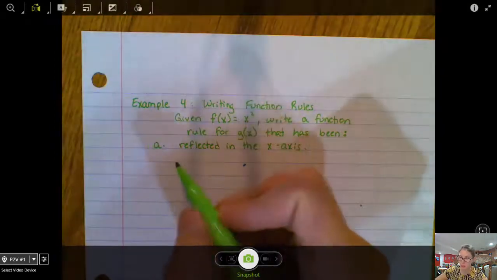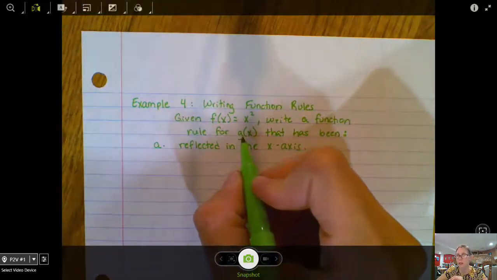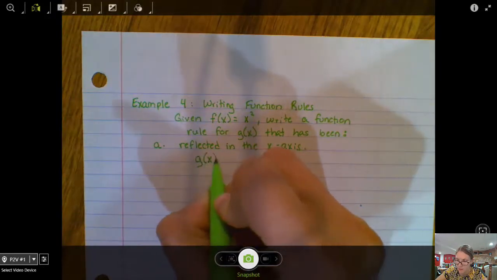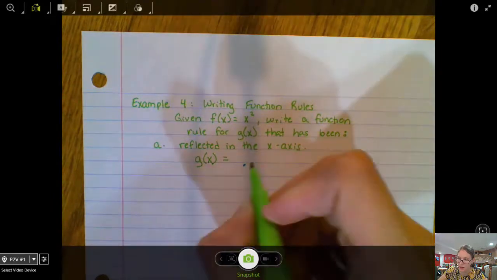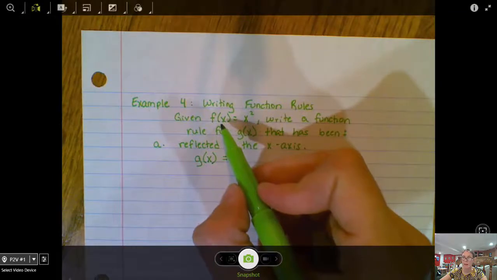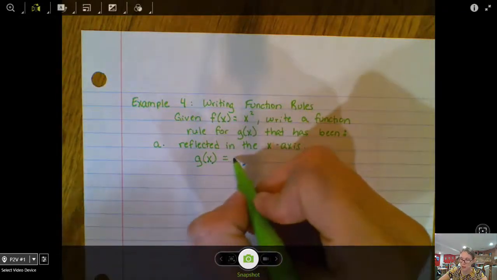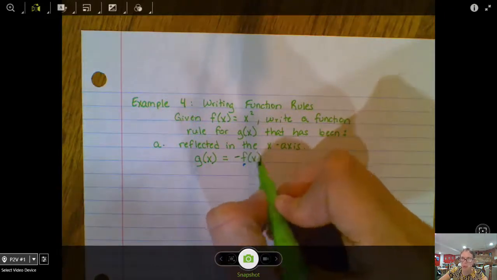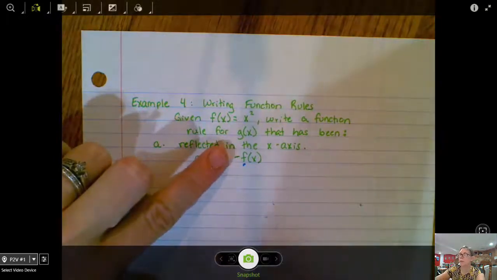So here's what I'm going to do. We have this new function g of x that we want to write. I know g of x is some transformation of f of x here. And if it's reflected in the x-axis, that means we have a negative f of x. So pretty similar to how we were practicing when we did that exploration on the computers.